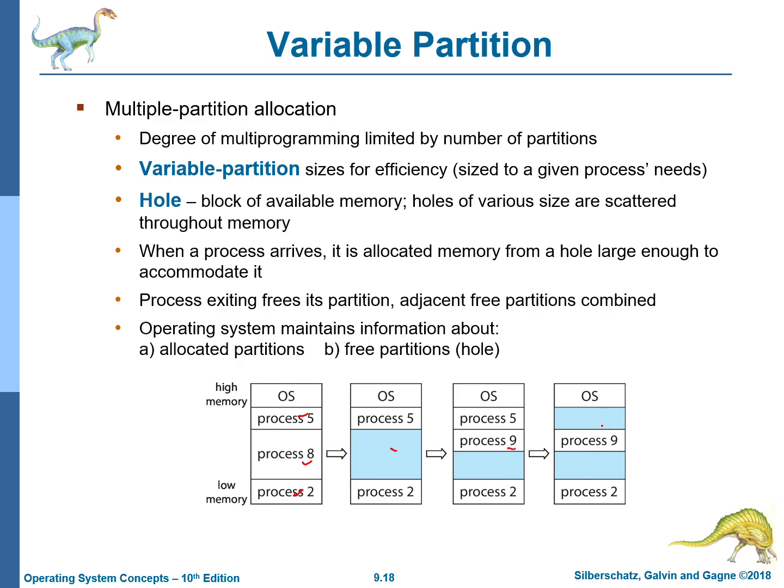But if process 5 has finished, now we have two holes which are free, but they cannot be utilized by a big process because they are not contiguous in nature. So this is the problem: the various holes are scattered throughout the memory. This is the problem with this variable type of partition.